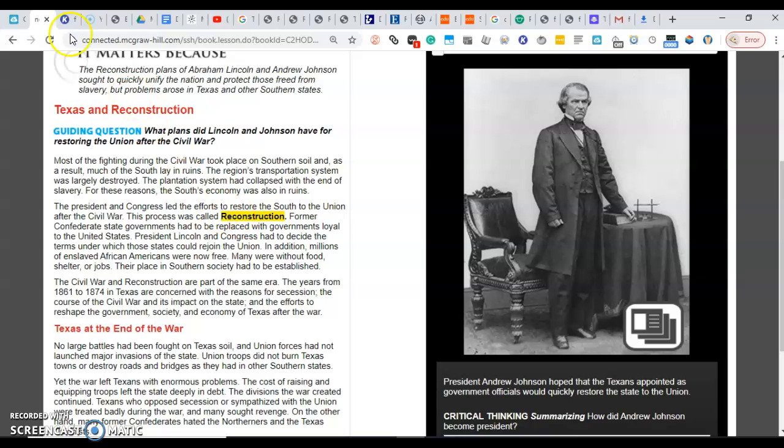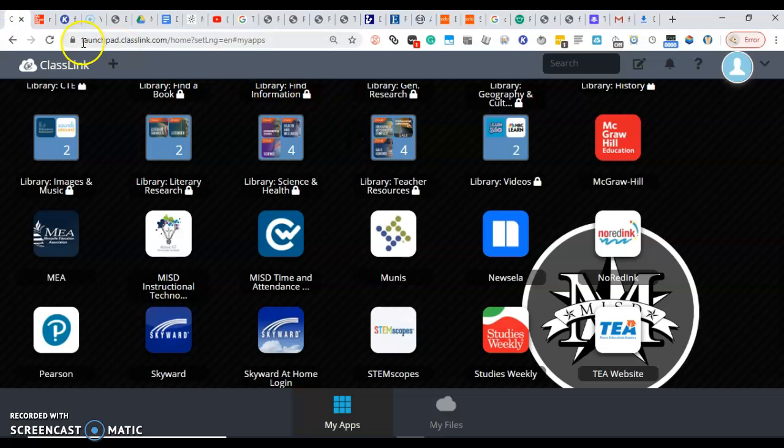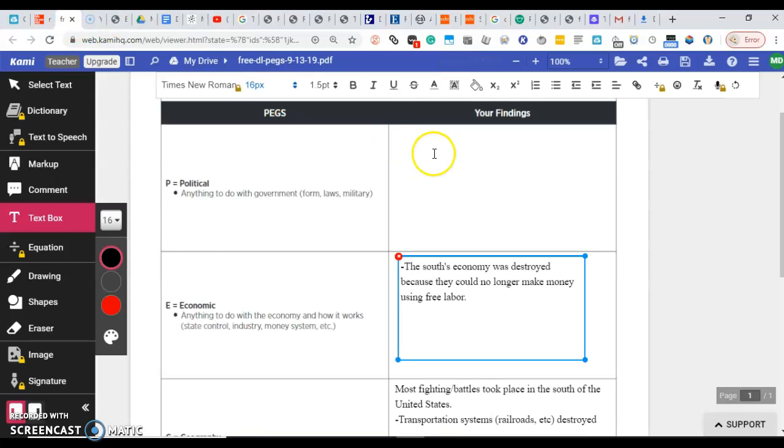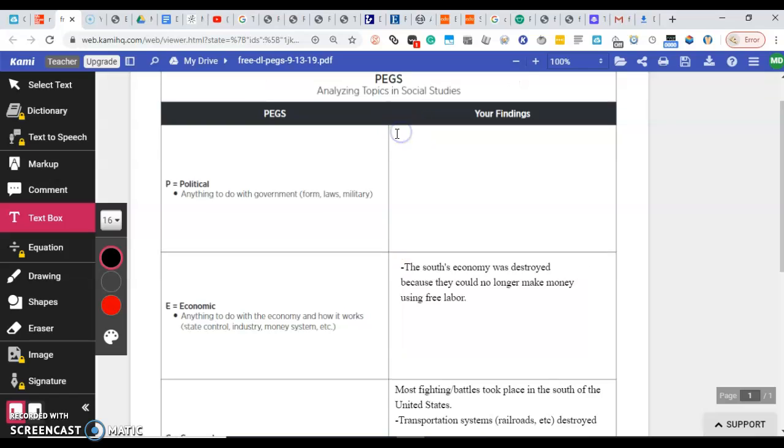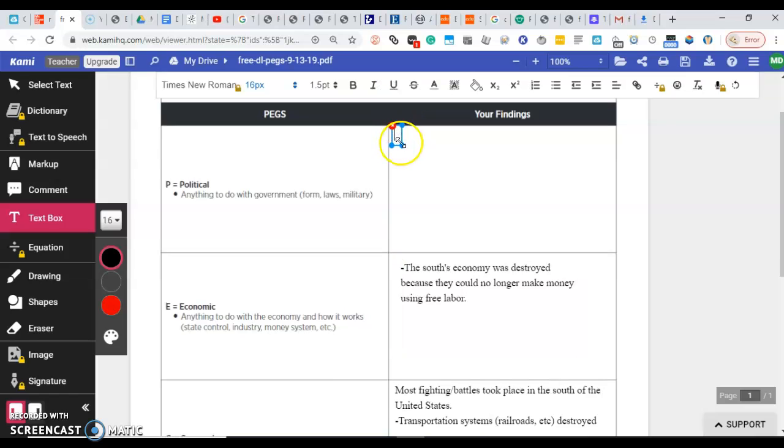All right, so President and Congress want to allow southern states into the country. They want to become part of the country again. So I'm going to write that. President and Congress want southern states to be allowed back into the United States.